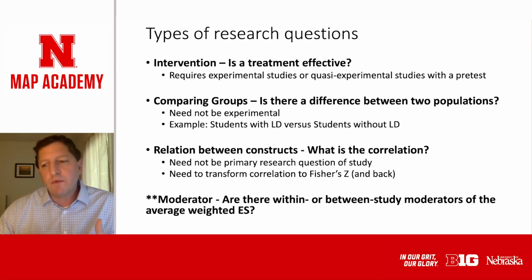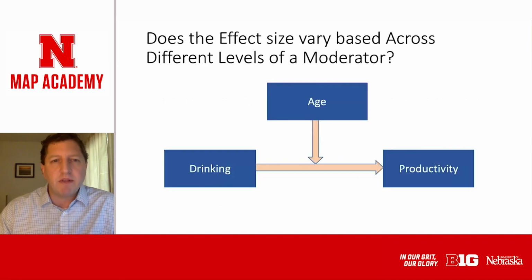And so essentially what we're trying to do is figure out, does the effect vary based on a different variable, right? Before, when we only had one effect size per study, we really couldn't look at within study variance there. We couldn't look at within study moderators. And now with robust variance estimation, we have that capability.